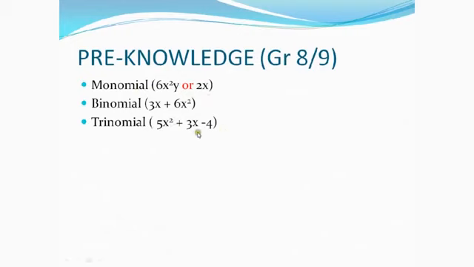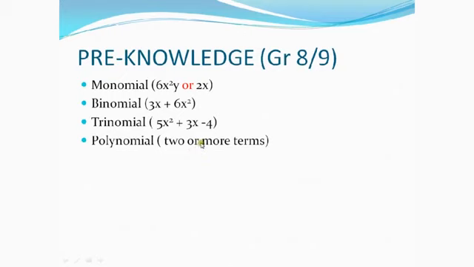In this case, I've got 5x squared, 3x minus 4. And you can see they are separated by a plus or a minus sign. A polynomial, poly means many. So in this case, a polynomial would be an algebraic expression with 2 or more terms.